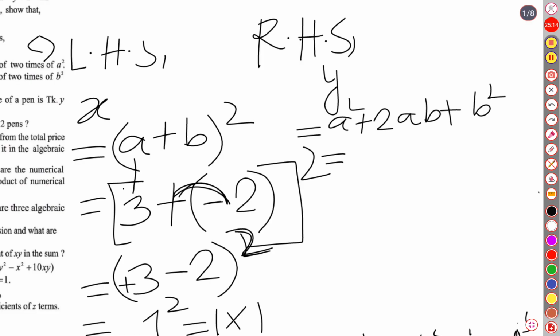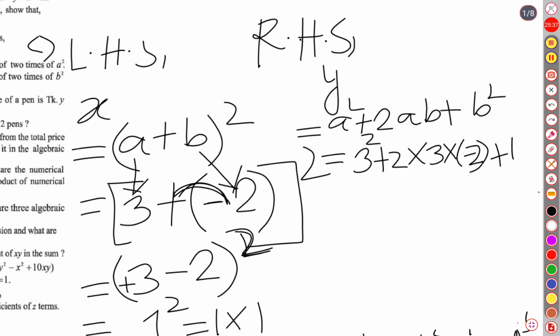Look, here we have written a means 3. So 3 square plus 2ab, actually they are in multiplying state. So the value of a is 3 and b was actually negative 2. Look here, the value of b was negative 2. So let's write negative 2 plus b square, the same value negative 2 square.